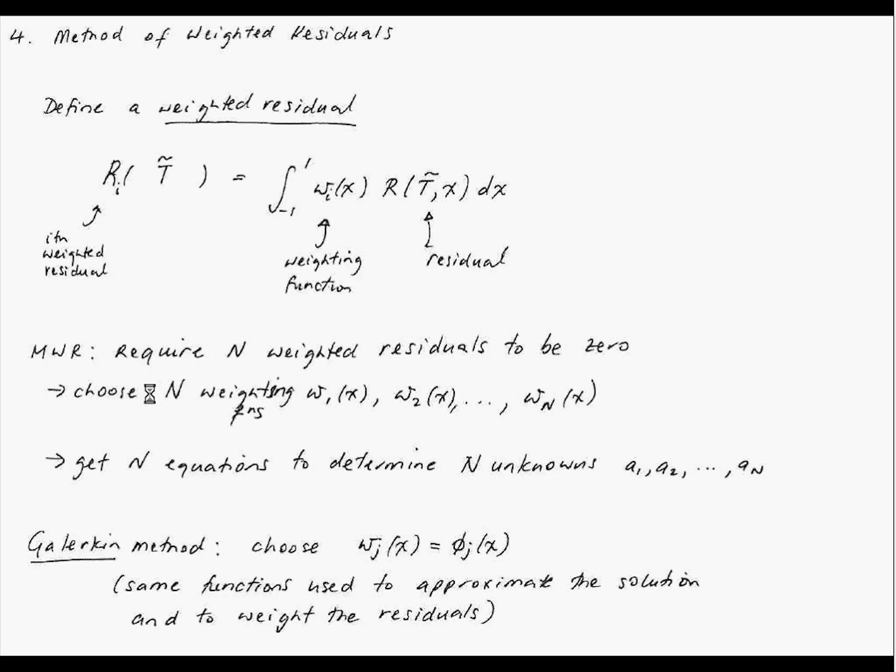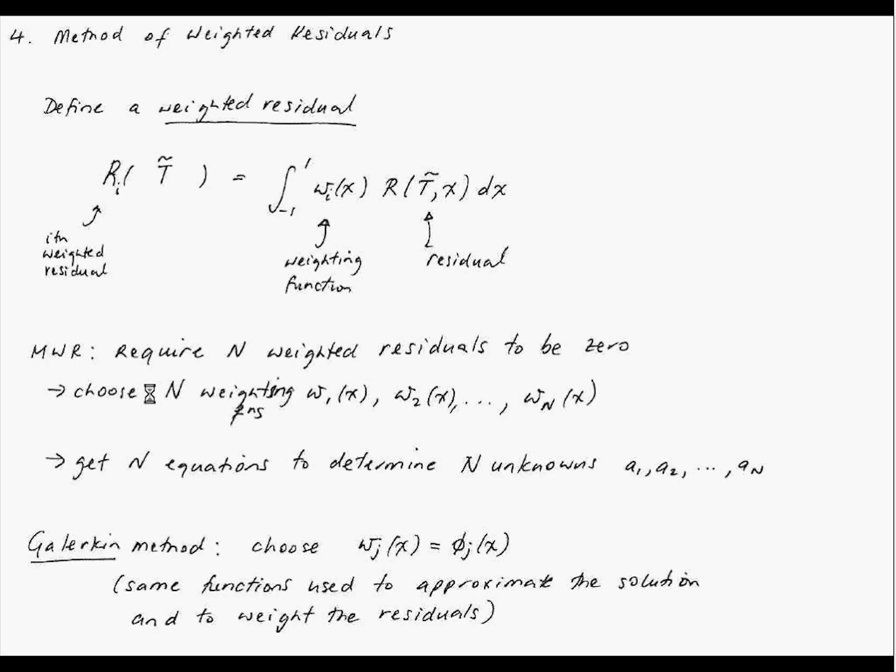So this is the first question: what do we choose for the w_i's? The answer is that there's a variety of things we can choose, but there's a very special choice that results in what's called a collocation method. What does the collocation method say to do for the weighting functions?